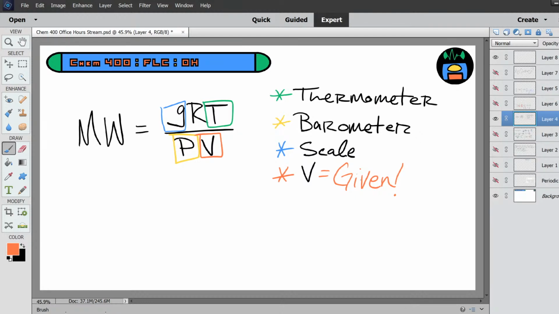The volume of the flask that's given is equal to the volume of the gas, and they just give that to you. You don't have to do any of those calculations that I just said you did.